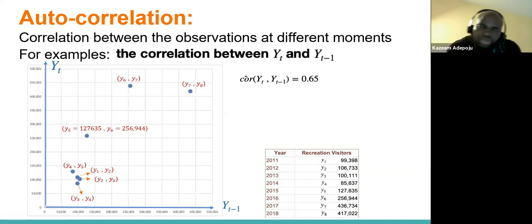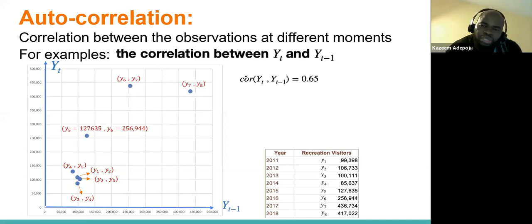You remember the other time that correlation tells us two things: the direction and the strength. With the correlation, I will be able to know the direction of the relationship between the YT and the lag of that, and I'm also going to know the strength of that relationship.